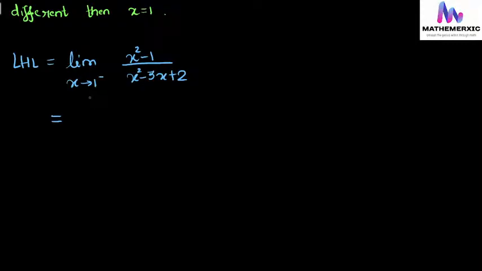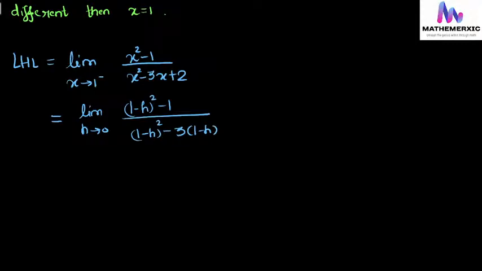Whenever we are approaching 1 minus, we write it with h tends to 0. So here it will be (1 minus h) whole square minus 1 upon (1 minus h) whole square minus 3(1 minus h) plus 2.